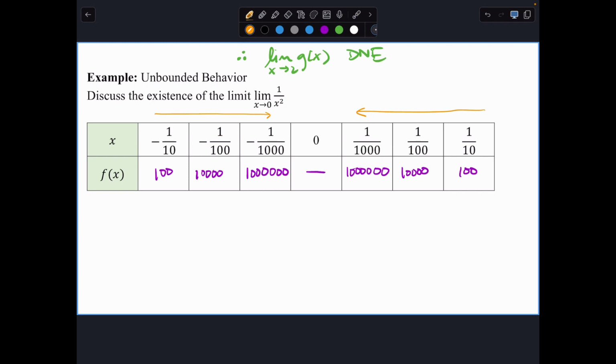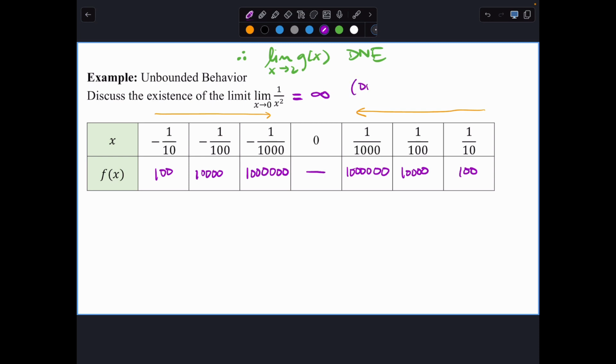They would continue to get larger and larger. When you square them and then take the reciprocal, they would continue to get larger and larger. So we would actually say that this limit is DNE, but it's DNE because we can say the limit is equal to infinity.